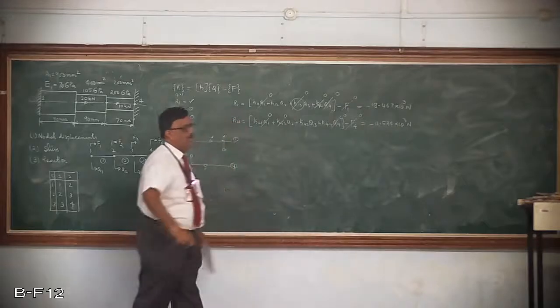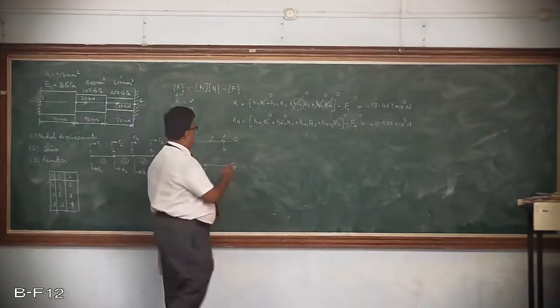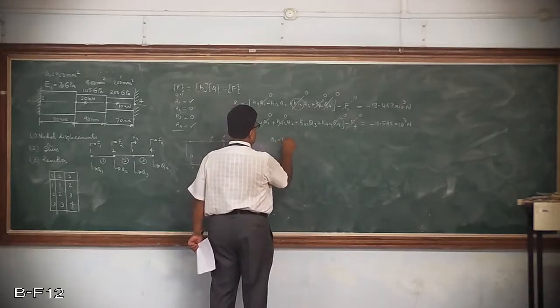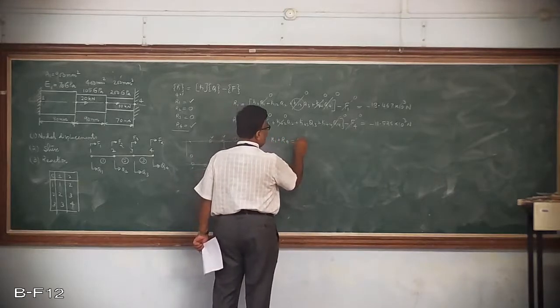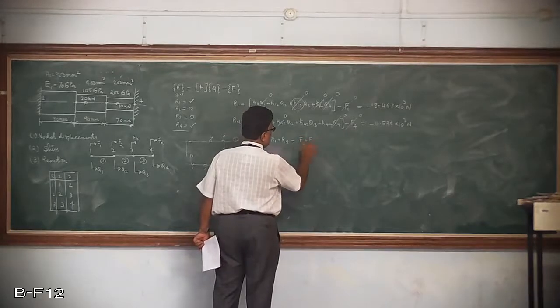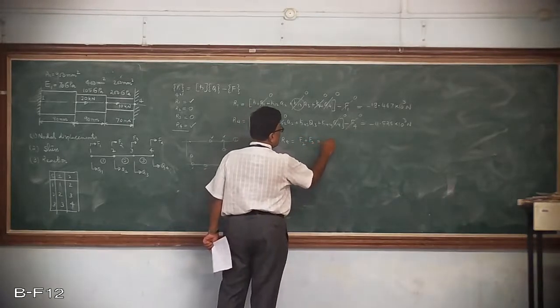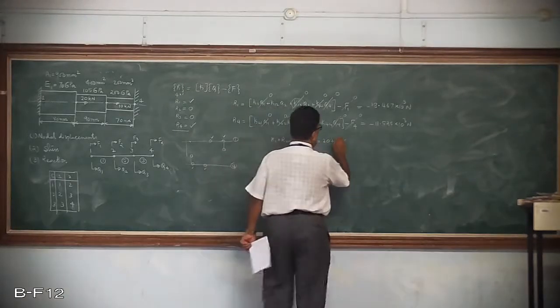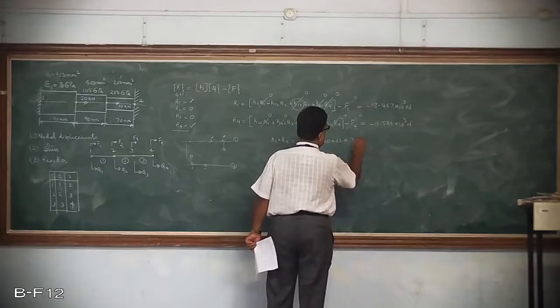And I have already told you that the equilibrium equation is always R1 plus R4 has to be equal to F1 plus F2 plus F3, which is 20 plus 10, which is going to be 30 kilonewton.